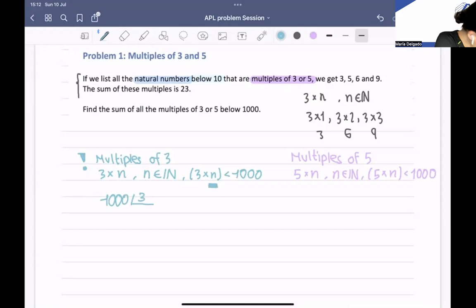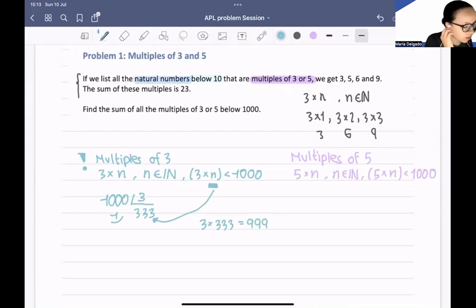It's an integer division, so it will be 333, and we have 1 as a remainder. This 333 is the actual n, because 3 times that number is 999, and 999 is less than 1000.